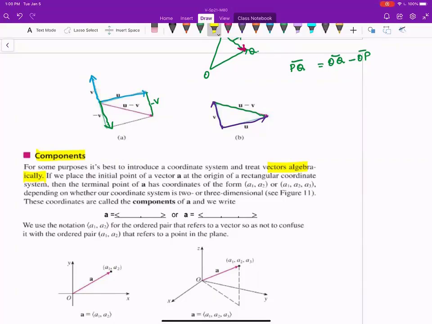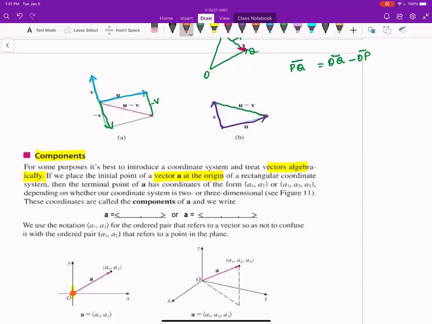If we place the initial point of a vector A at the origin of a rectangular coordinate system, like this one here, then the terminal point of A has coordinates of the form (A1, A2). When we write A1 and A2 as an ordered pair, A1 represents the x coordinate and A2 represents the y coordinate of the point.